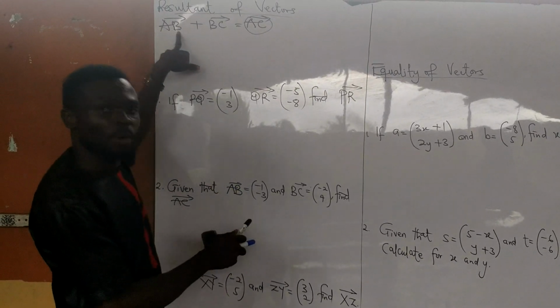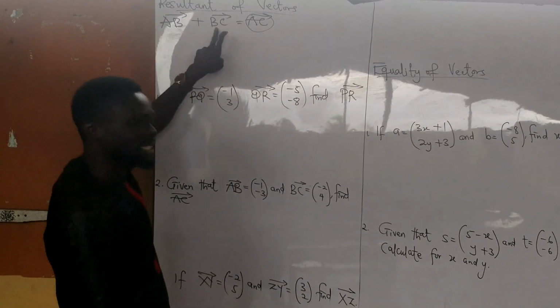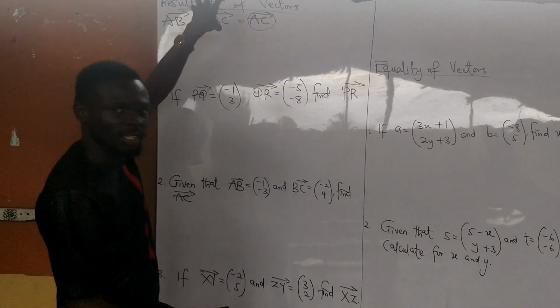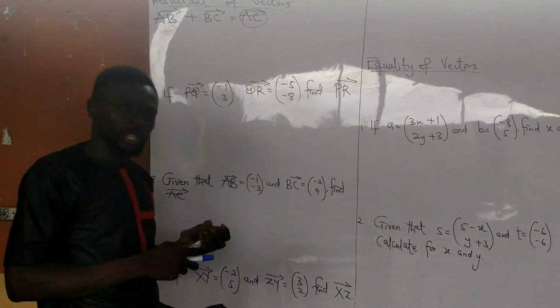The second point of the first vector is the first point of the second vector. And that gives you the result when you put them together.